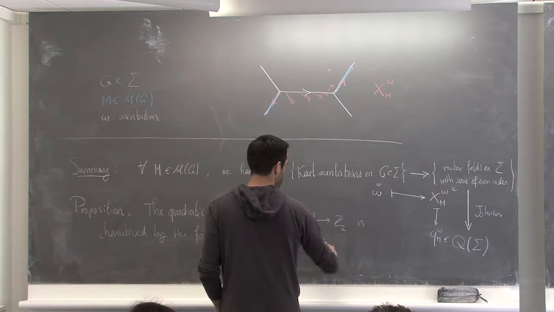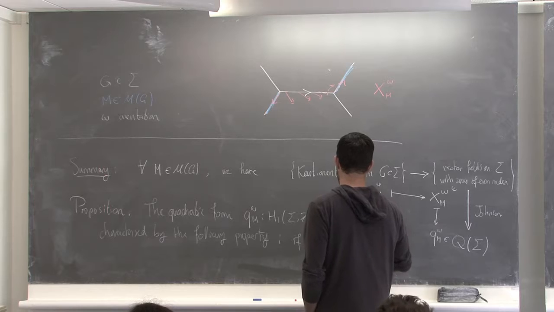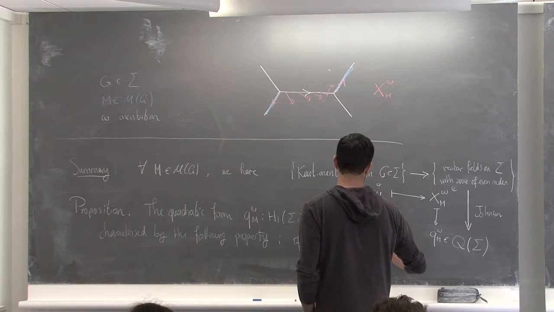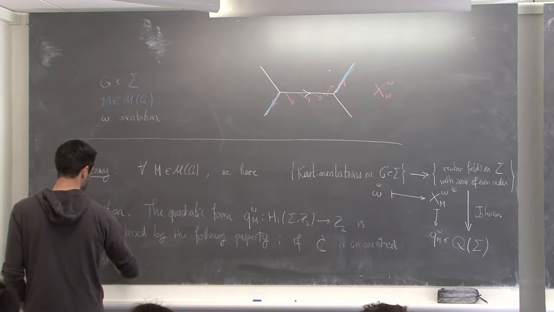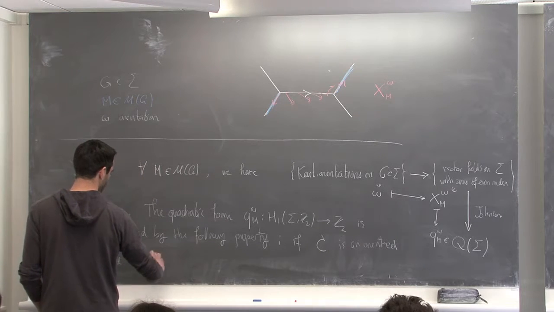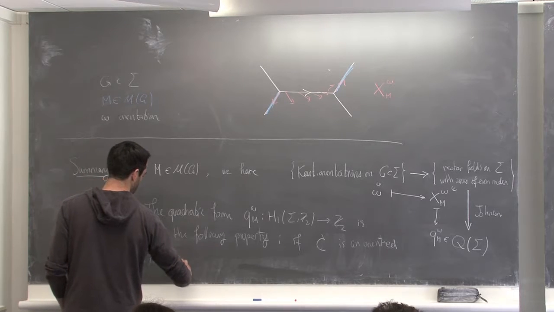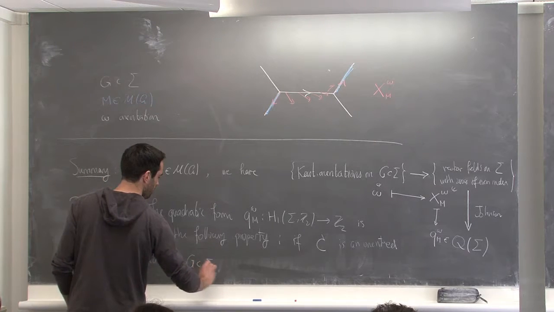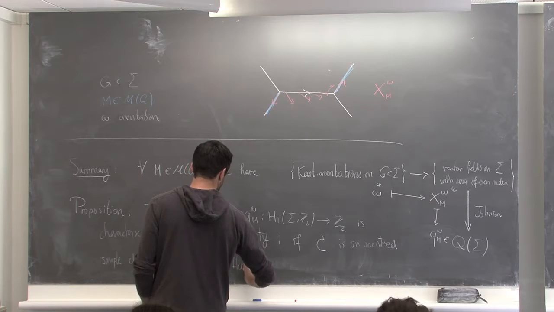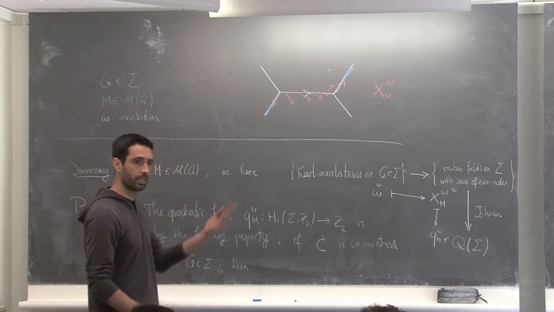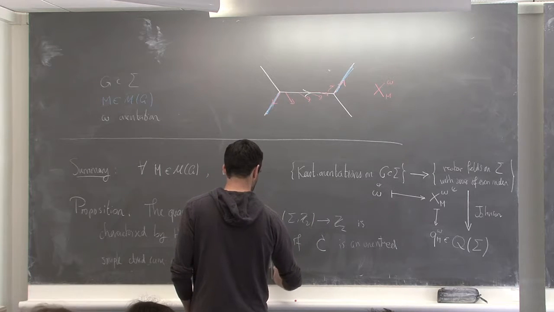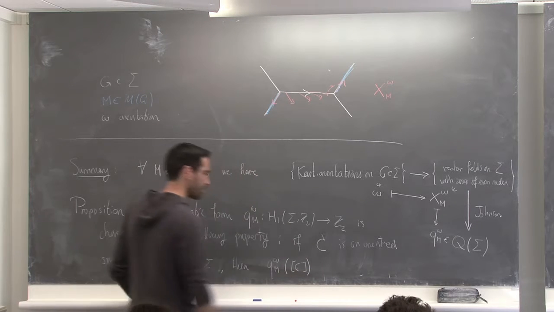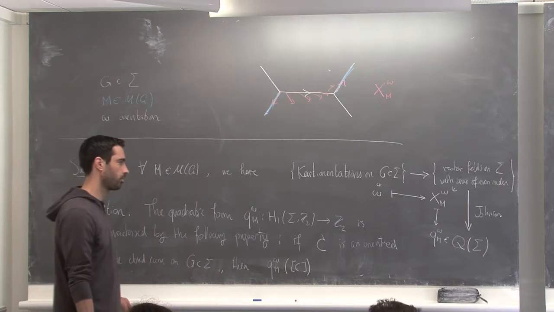If C is an oriented simple closed curve on the graph, on the surface, then what is the value of this form on the homology class of this curve?